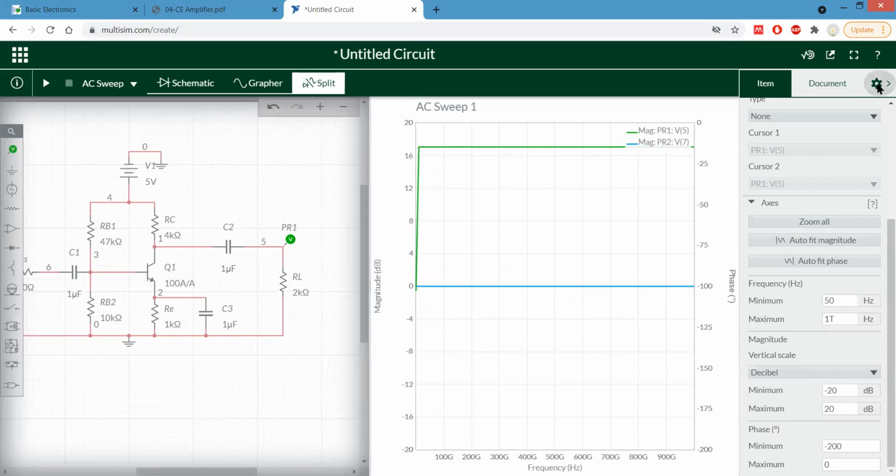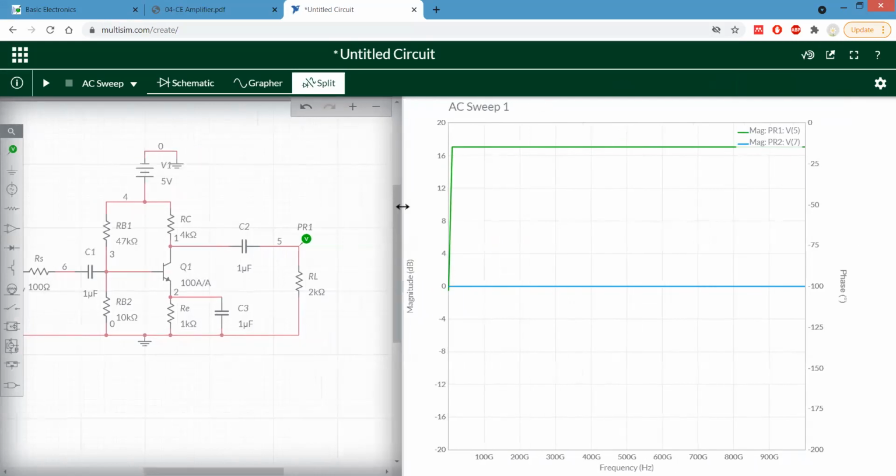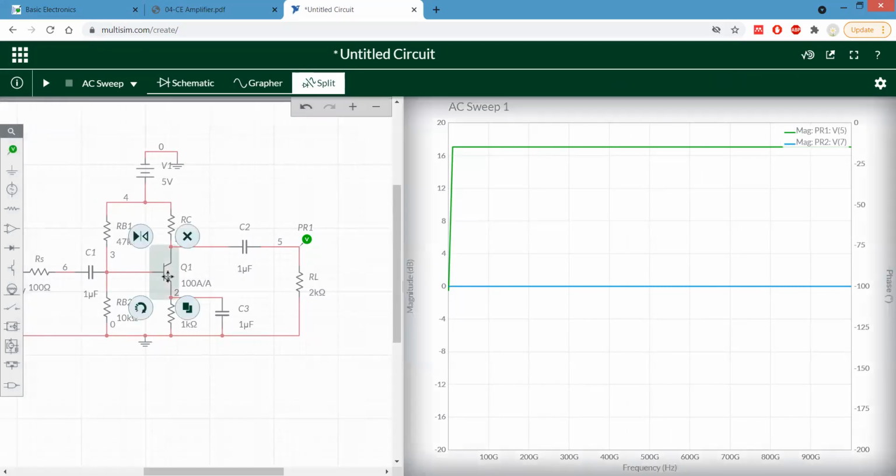I think that is due to the property of the transistor that we have considered over here. It may be considered an ideal one, not a realistic one. That's why maybe they have considered there is no particular finite bandwidth, but it should have some finite bandwidth.